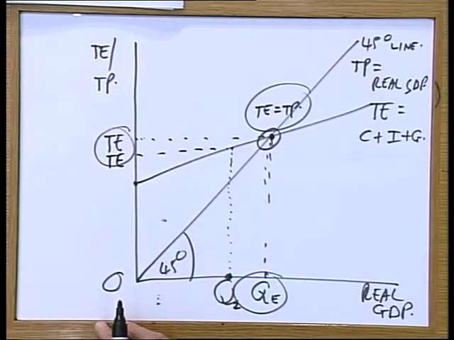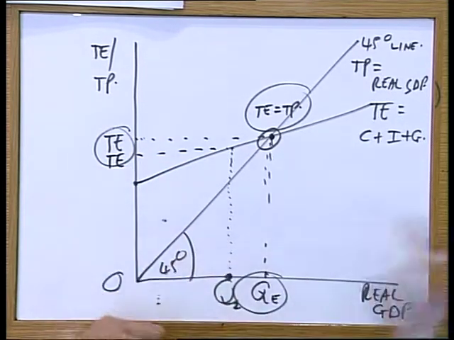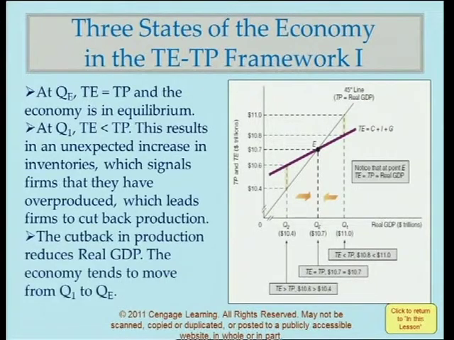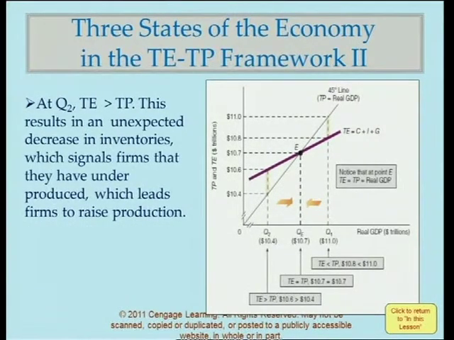So if you look at the diagram there, maybe we can look at the diagram at Q2. What will be the case? Total expenditure, you can see there is how much? Total expenditure is greater than total production, because total production at Q2 is 10.4 trillion and total expenditure at Q2 is 10.6.